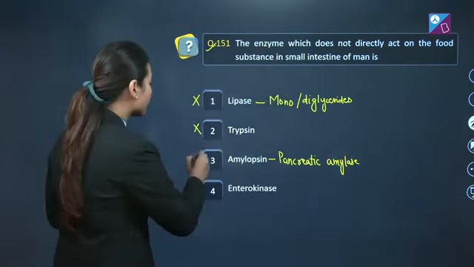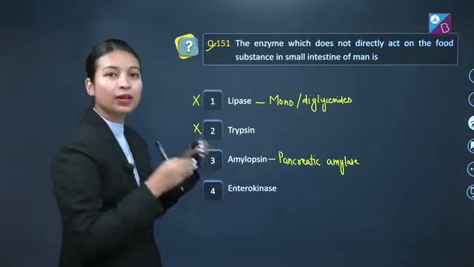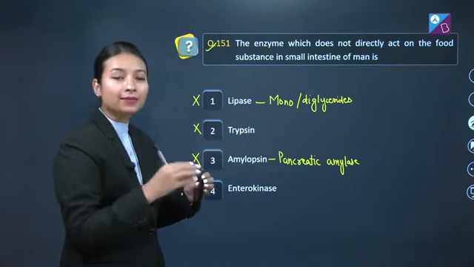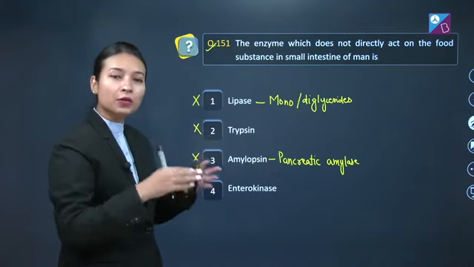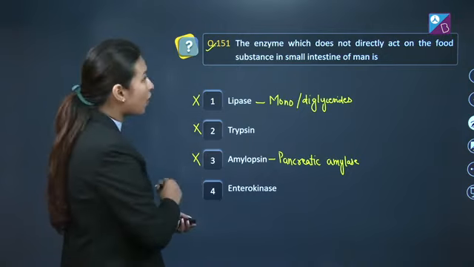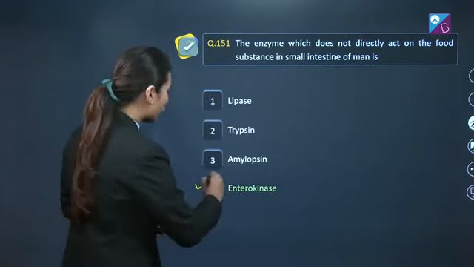So that's why option number 3 is also wrong. Option number 4 here is enterokinase. Now enterokinase acts on trypsinogen to activate it, that is it converts trypsinogen into trypsin. So this does not act directly on any food substance. So our correct answer here will be option number 4.